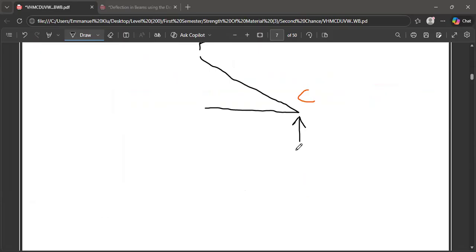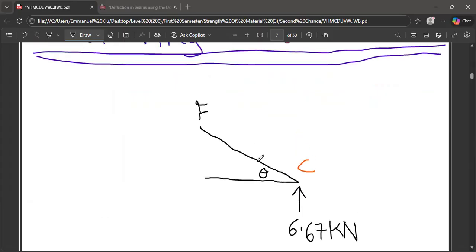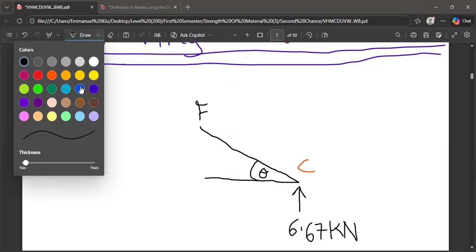And for our reaction, as you know, this was 6.67 kilonewton. Our angle is here, as we know. Here is 5 meters. It's equal for all. Don't get confused.